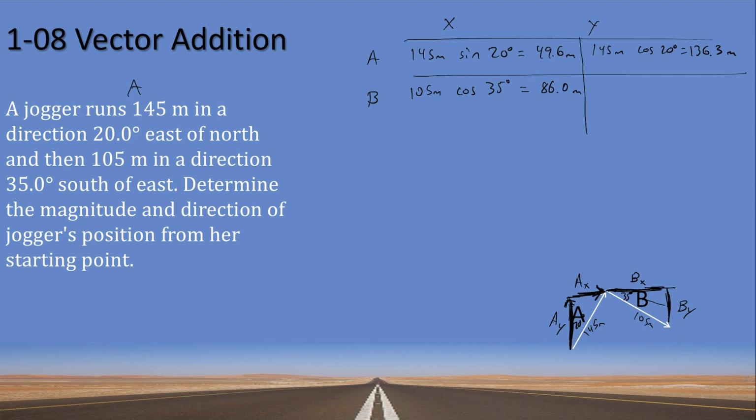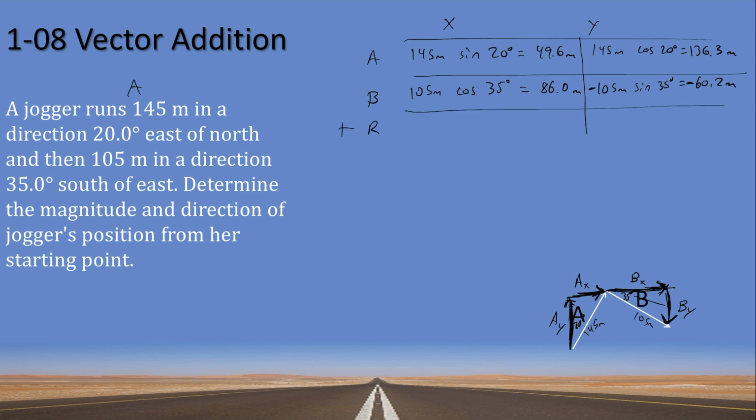And the y component is opposite the angle, so it will be sine, which is 60.2 meters. That is going to the right, which is positive, but is going down, which is negative. So the y component is going to be negative because it's going down.